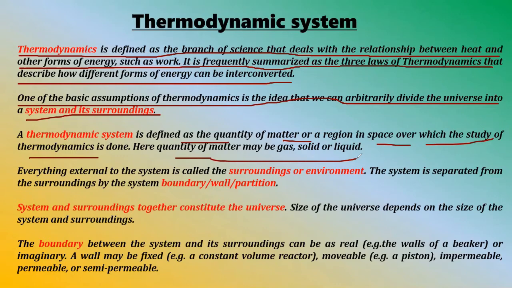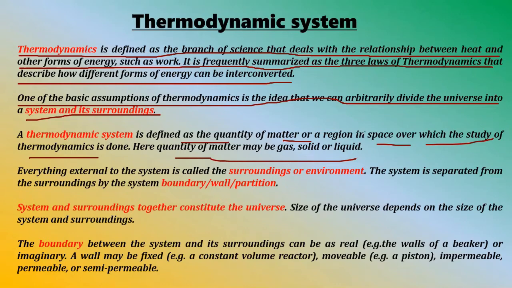For example, we have a cup of hot tea with us. Now we are doing some experiment on that cup of hot tea, so that cup of hot tea becomes our system, and the room in which we are doing the experiment automatically becomes our surroundings, right?